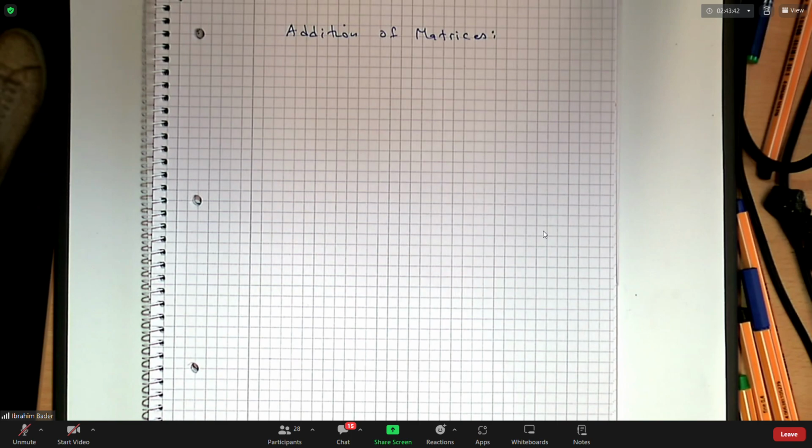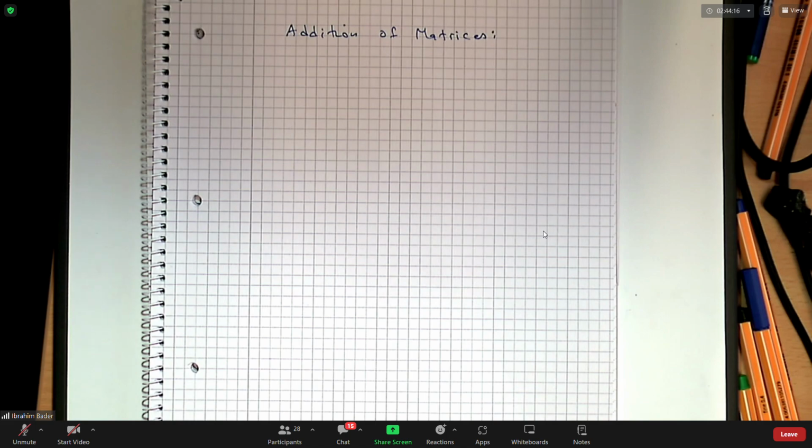If you have a restaurant with different branches and you are selling the same menu, let's make it easy: you have chicken, meat and vegetarian sandwiches in the first branch and the same in the second branch. At the end of the year, you want to make your annual financial report, then you will be adding the same items together.